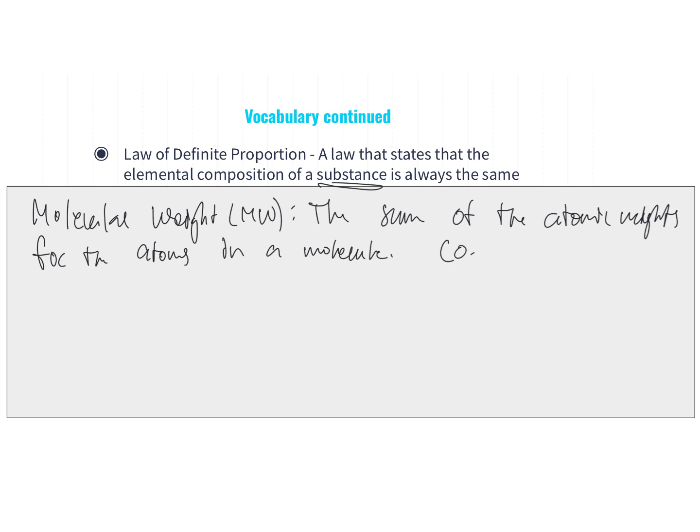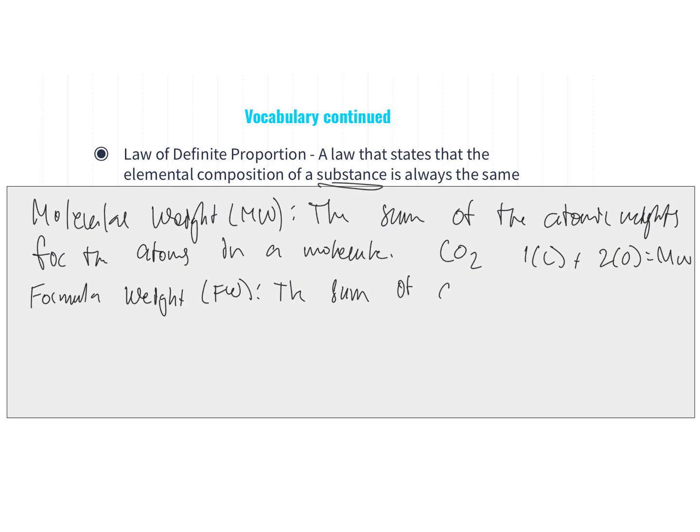So if I have CO2, for example, I would add up 1 carbon plus 2 oxygen and get my molecular weight. You'll also hear the term formula weight, or FW. And this is the sum of atomic weights in a compound.